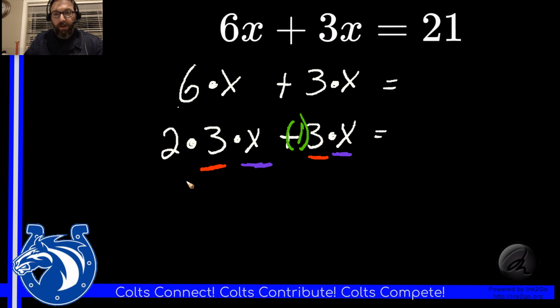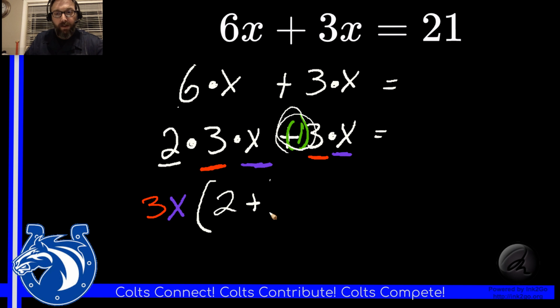All right, so we're going to pull the 3 out, and we're going to pull that x out. So we've got 3x times, and now we've got this 2. Where's the y? There we go. This 2 goes here, plus, and now like I said, this 3 times x, there's still a 1 here. There's the understood 1. So 2 plus 1.